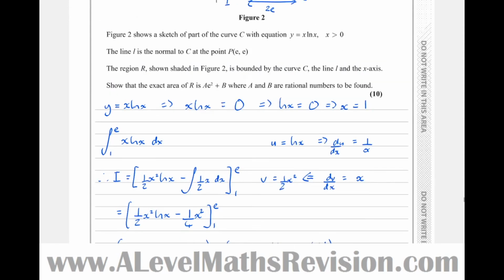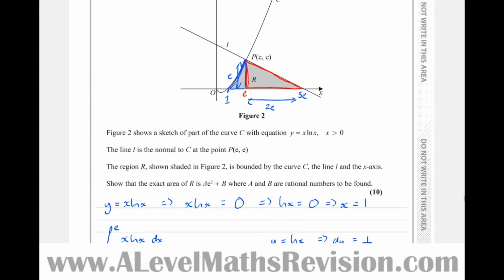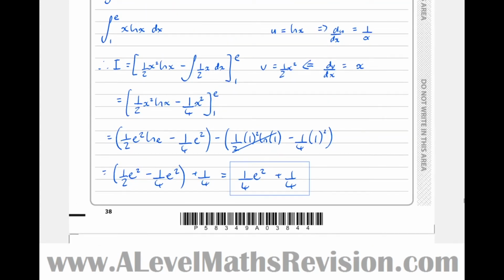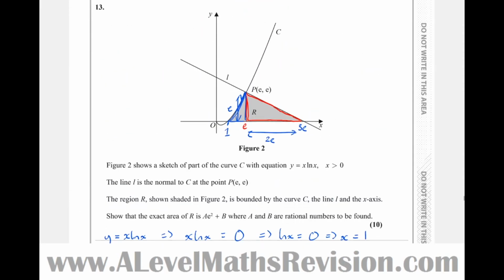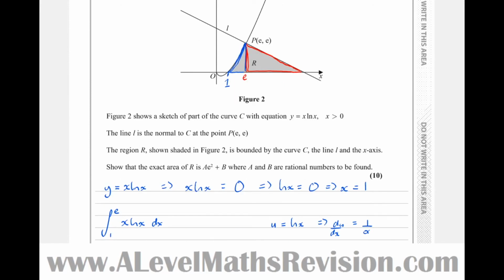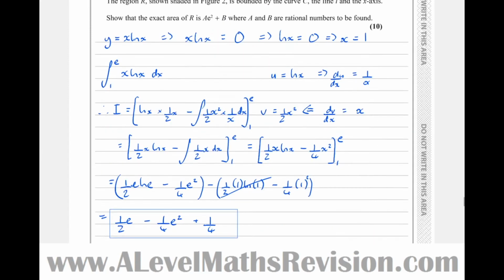So we found the area of the blue curvy part. Now all that remains is to find the area of the red triangle. So first of all, we want to find the normal to this curve, x log x, that's that line there, when x equals e.